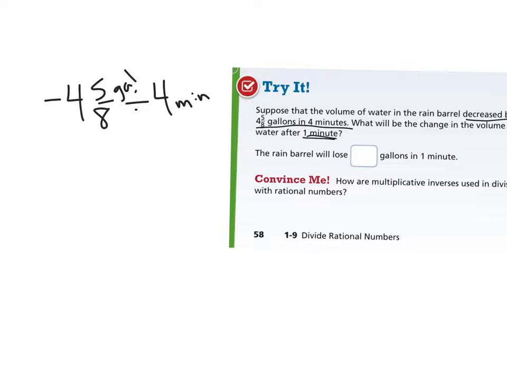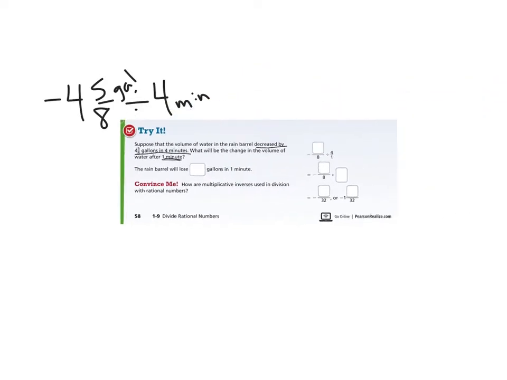So to work this out, we're going to need to change the negative 4 5/8 to an improper fraction. Remember, ignore the negative sign and then just stick it up in your numerator after you've changed it to an improper fraction. So 4 times 8 is 32, plus 5 is 37/8, and this is going to be a negative. So negative 37/8.